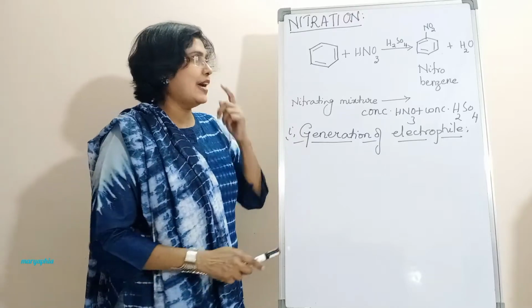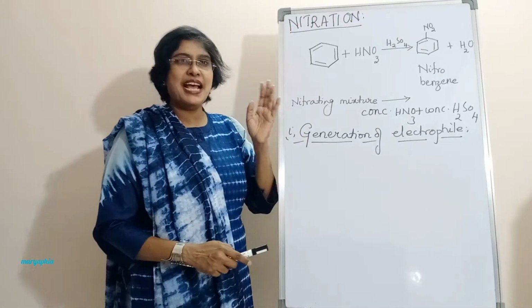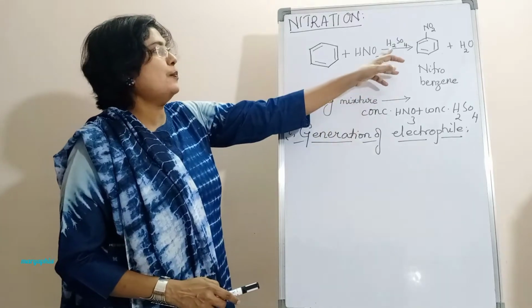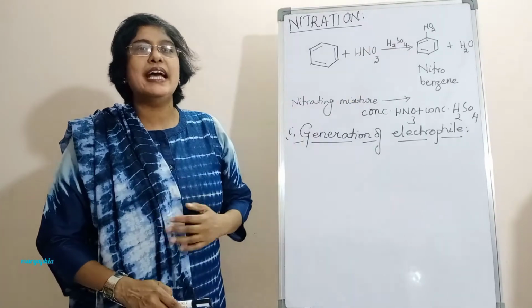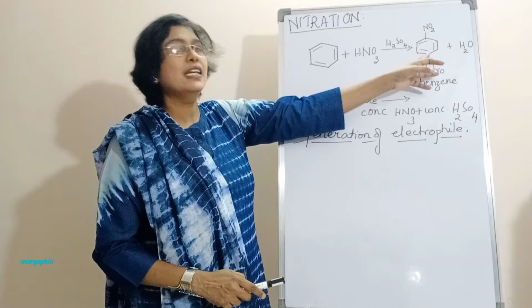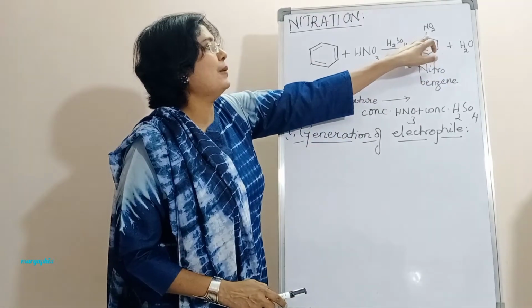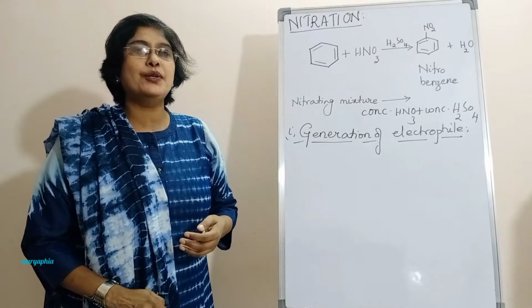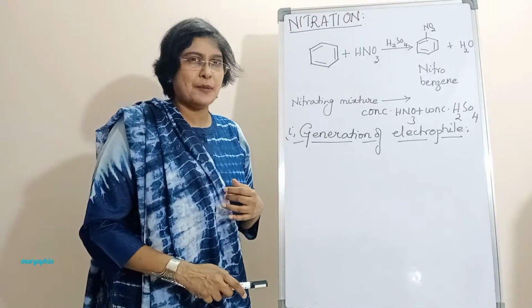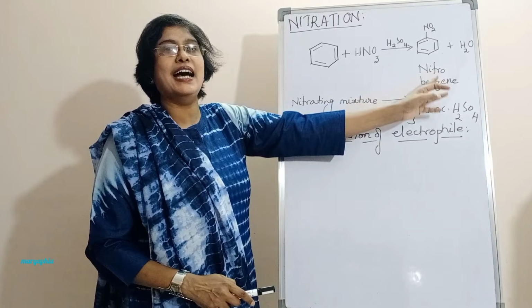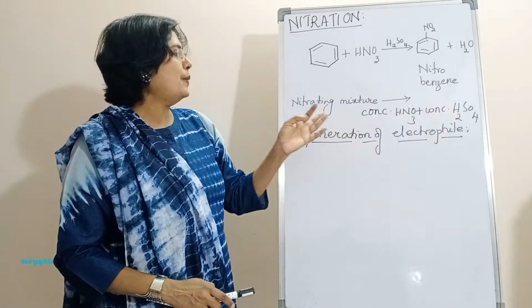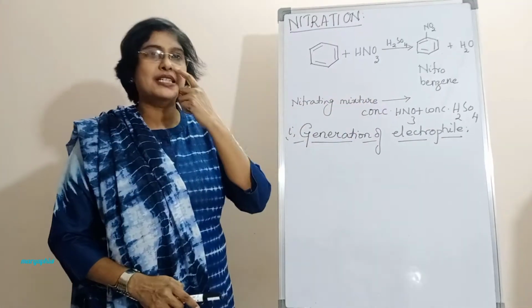To start with, benzene plus HNO3 in the presence of H2SO4 gives nitrobenzene plus H2O. So here in the place of hydrogen, an NO2 group is substituted, which we call nitrobenzene. Below I have given you the nitration mixture, students.